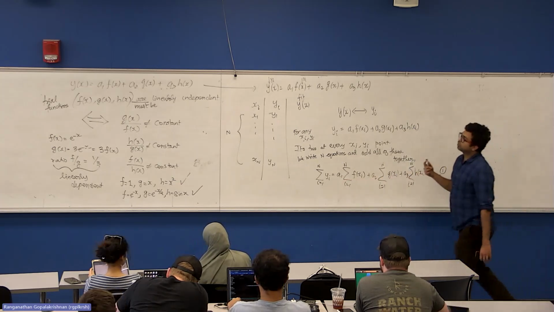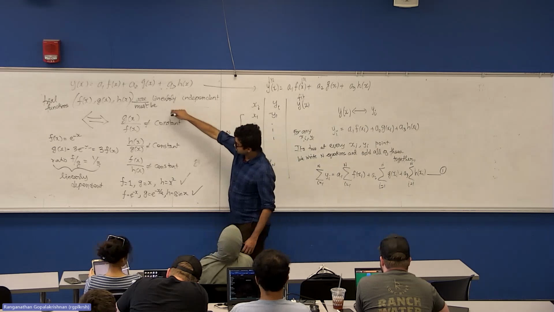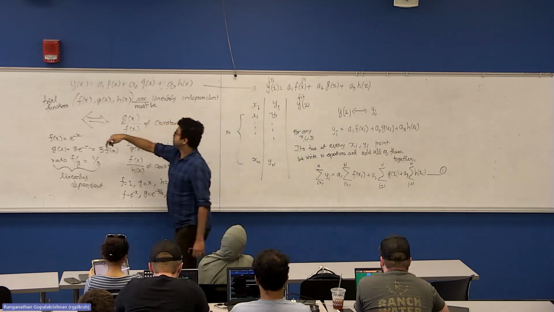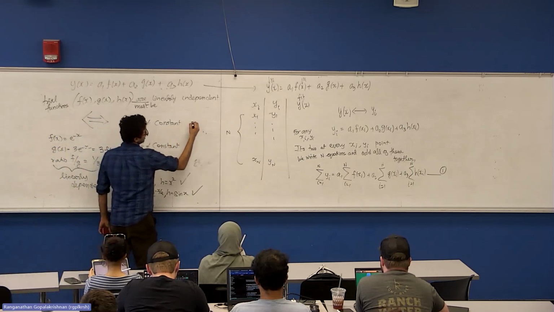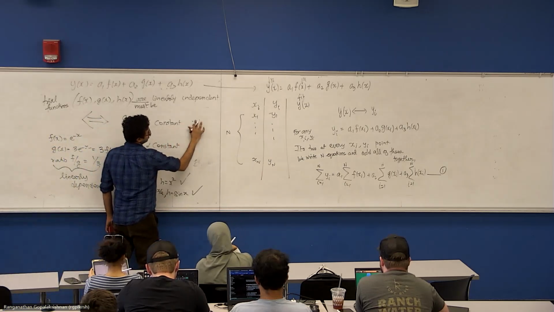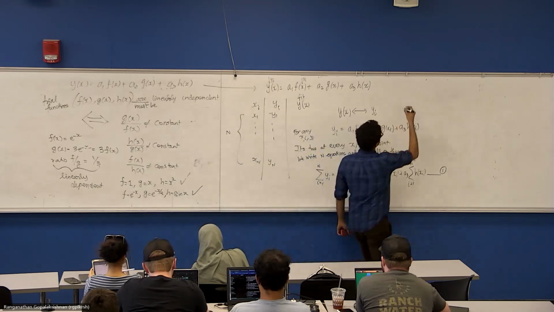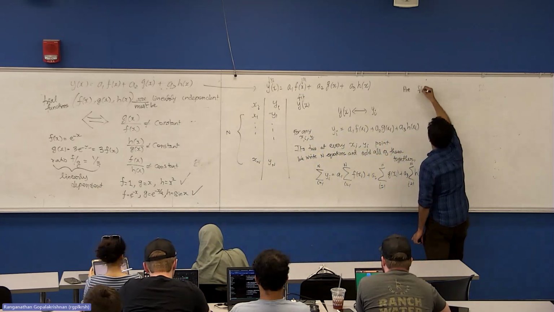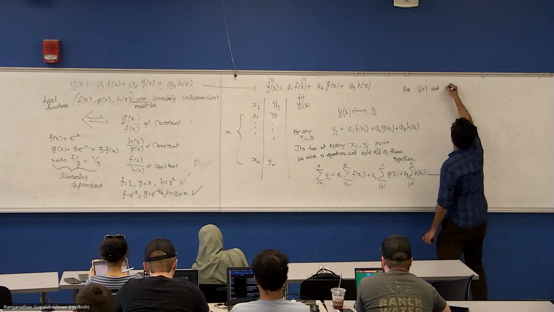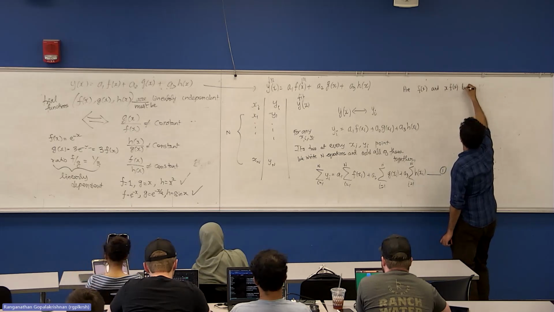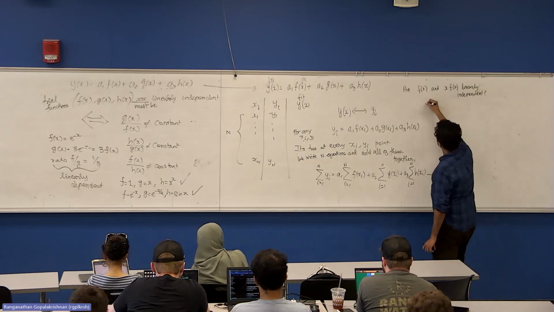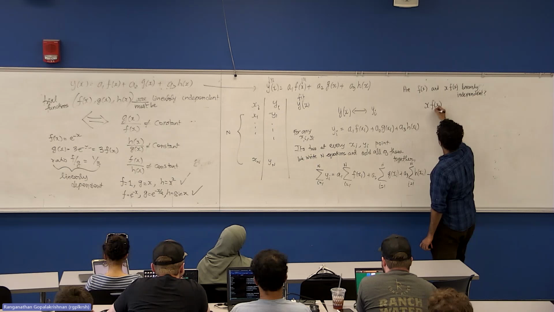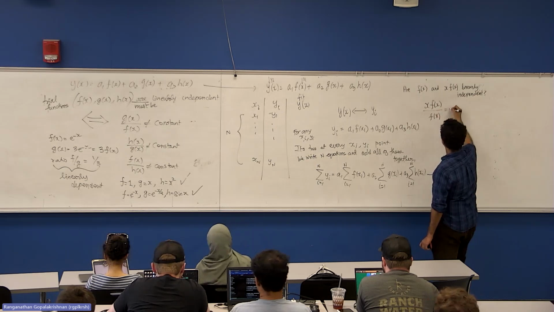Okay. Now remember what I said about being linearly independent. Are f of x and x times f of x linearly independent? What do you think? That is, if you take the ratio of x times f of x to f of x, this is equal to x.